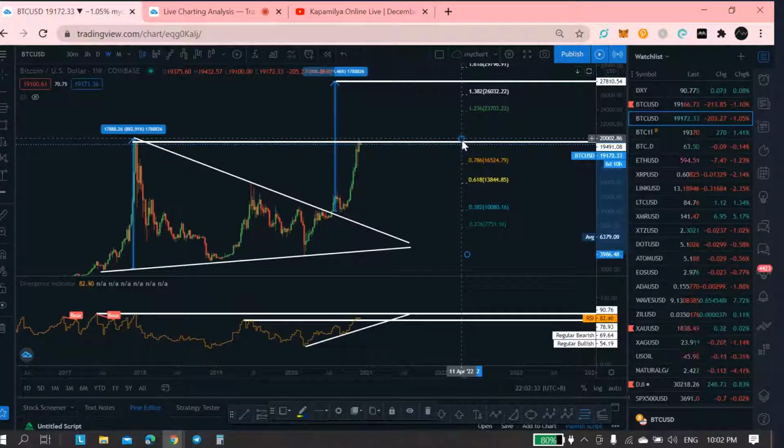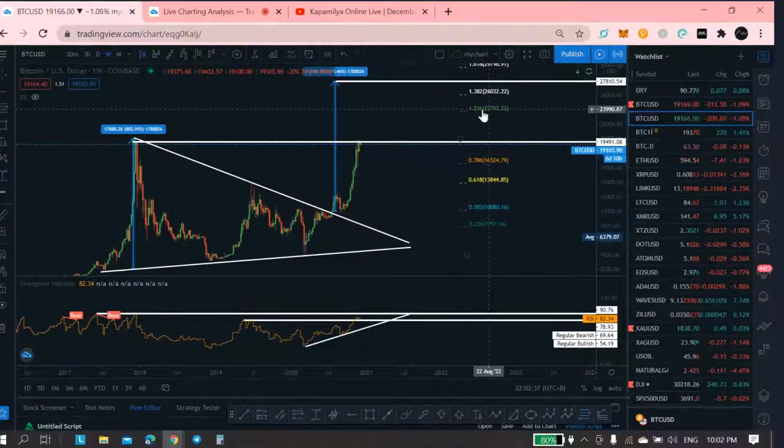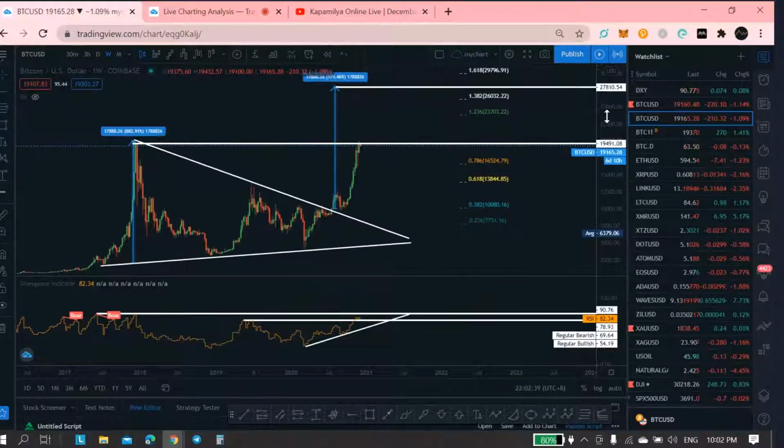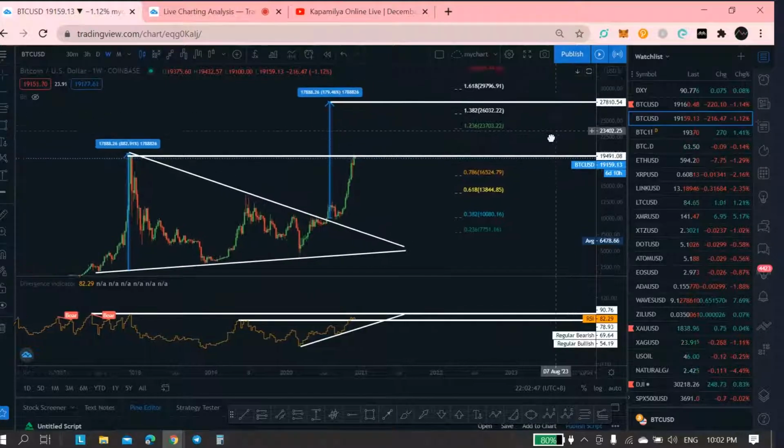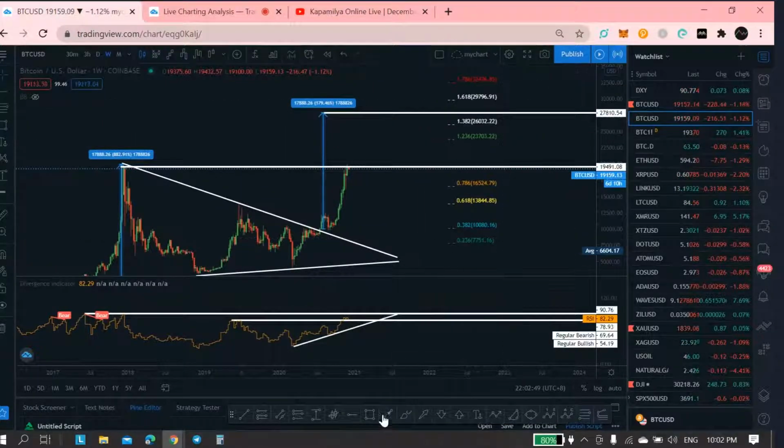So this one is possibly that area, and the 28 area is actually more, or the 30,000 is the 1.618. Normally I use the 1.618 as a target, or anything at 0.618.